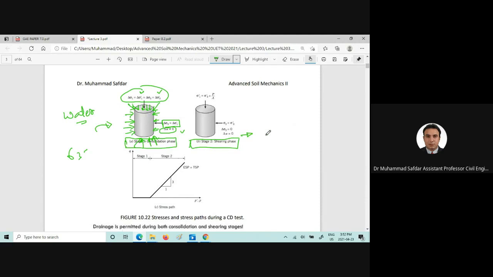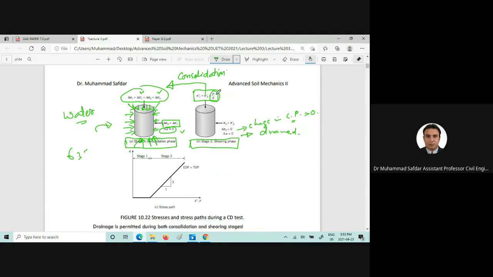When we move towards stage 2, U is 0 because it's drained, and delta sigma 3, the change in confining pressure or cell pressure, is equal to 0 now, and sigma 3 is also equal to sigma 3 prime. Now sigma 1 prime, the major principal stress, is equal to sigma 3 prime, and if you remember, this sigma 3 prime was present here due to the consolidation stage.